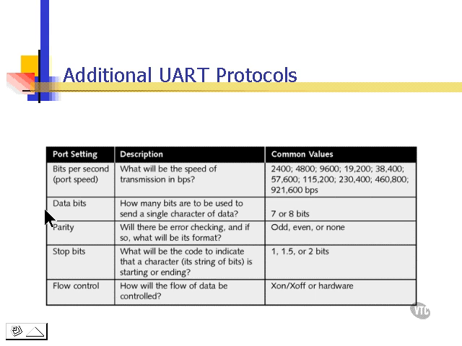How many bits are to be used to send a signal or character of data? Most of the time we're going to use the default, which is 8 bits. But if all we're sending is ASCII code, we could use 7 bits to represent a character, and that would save space in our signal transmission.